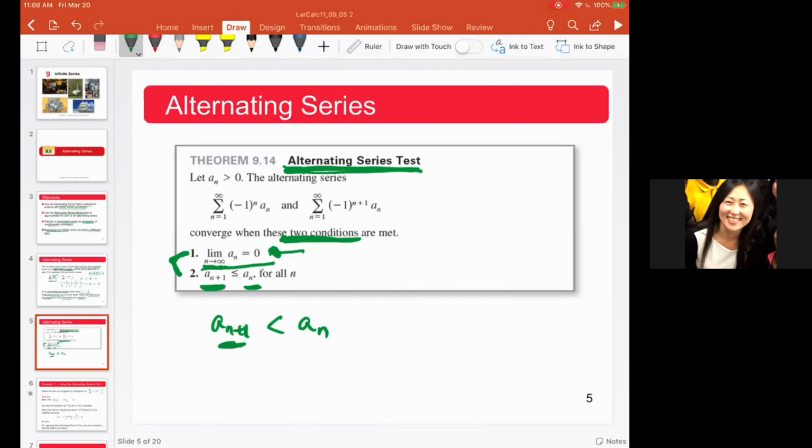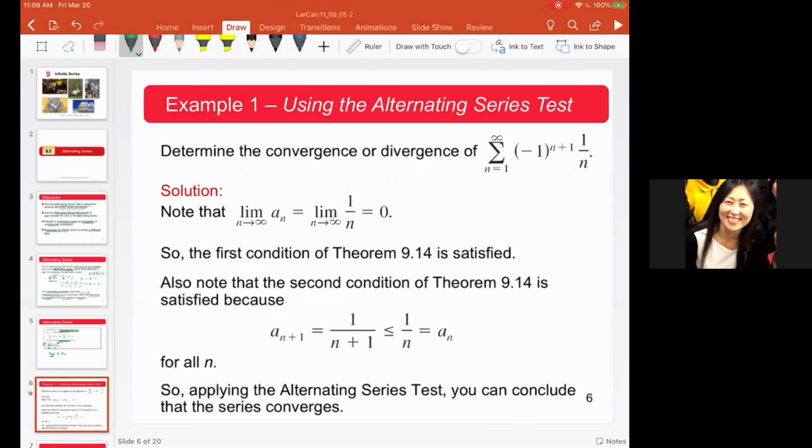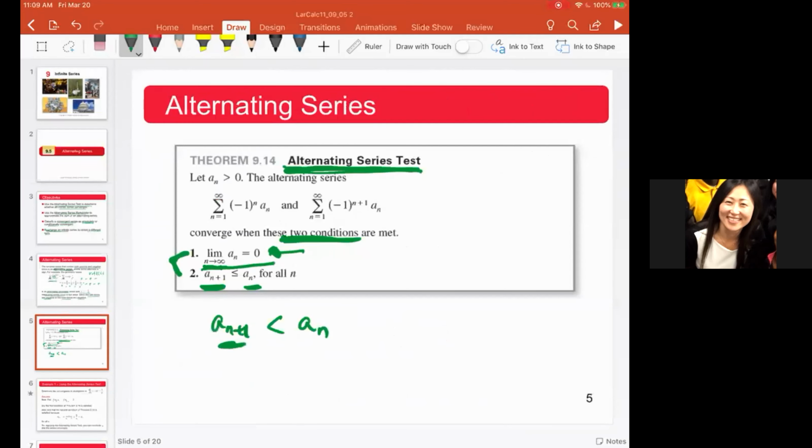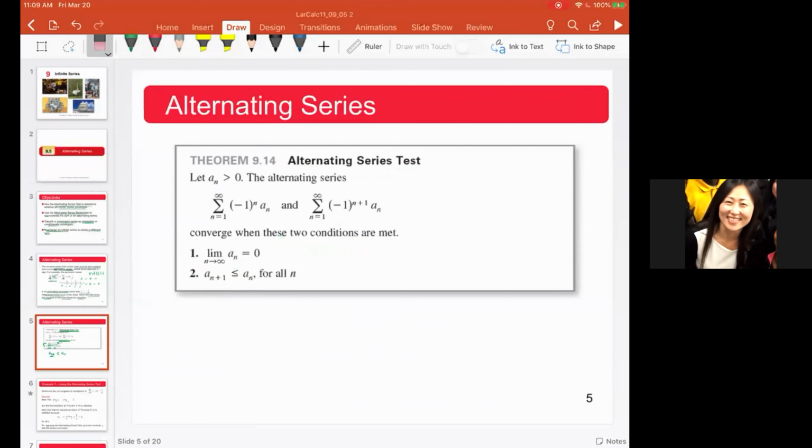Let's look at an example together right here. Is everybody doing okay? Yes, ma'am. Okay, we are going to use this theorem to do our work. So let's remember the theorem says the limit has to approach 0.